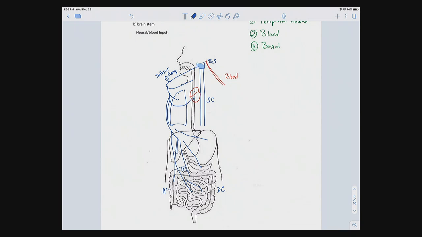So the receptors that are sending signals back to the brainstem, you're going to have chemoreceptors and you're going to have mechanoreceptors. So the chemoreceptors are going to be handling or sensing chemical changes in your viscera, and then mechanoreceptors.